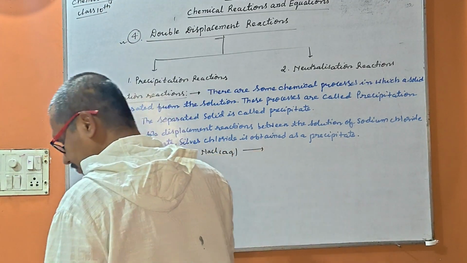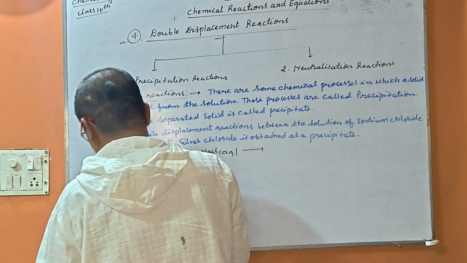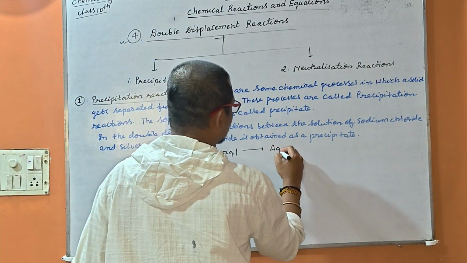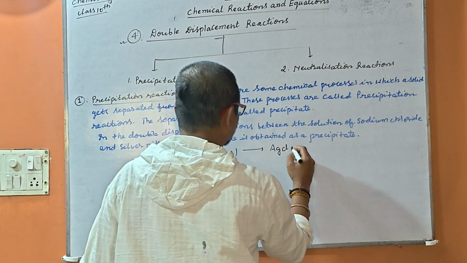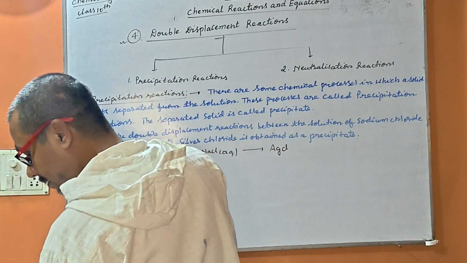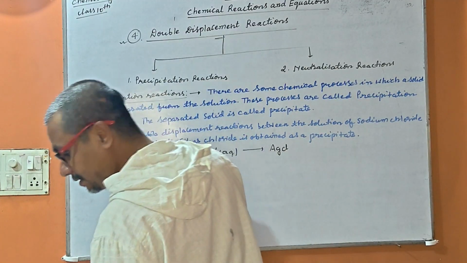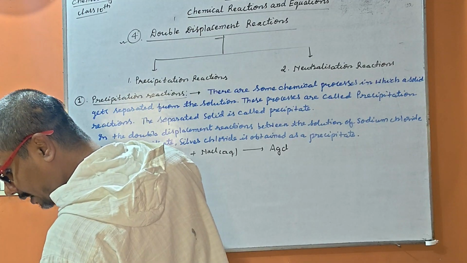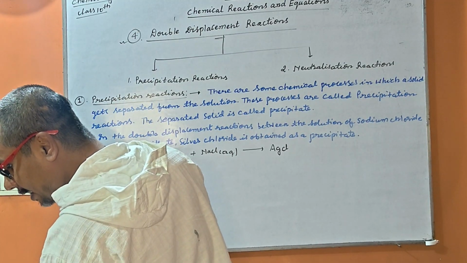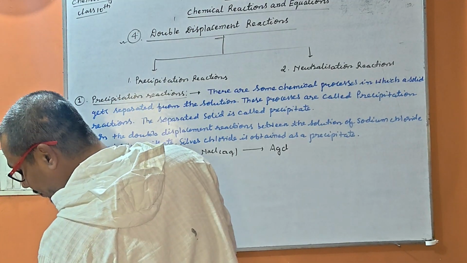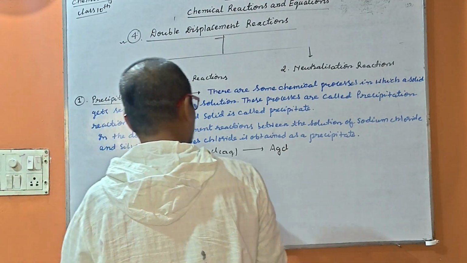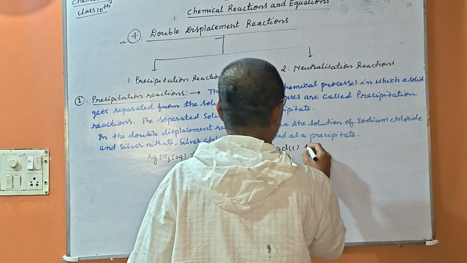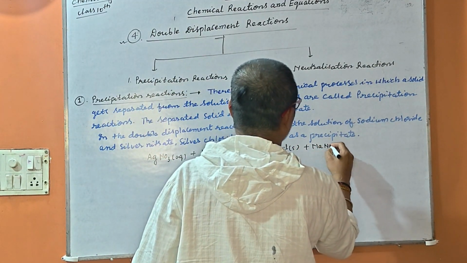It gives you AgCl, the white precipitate, and NaNO3.